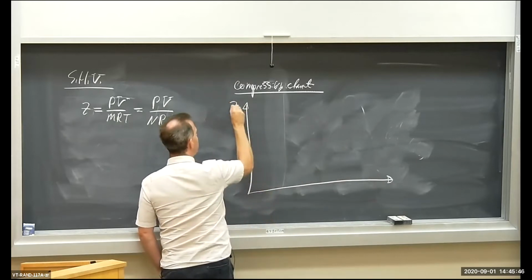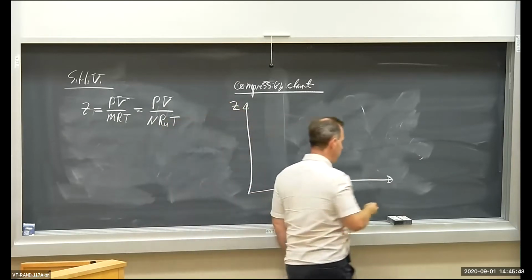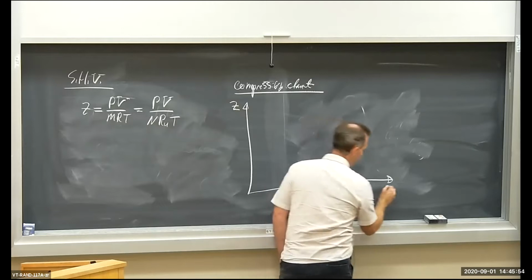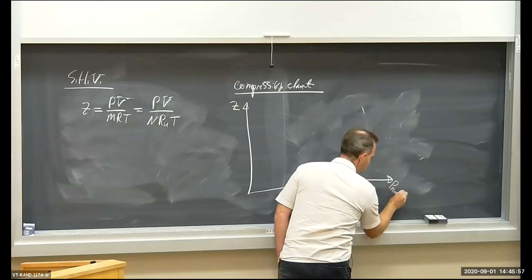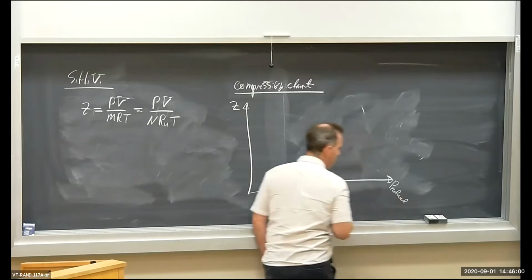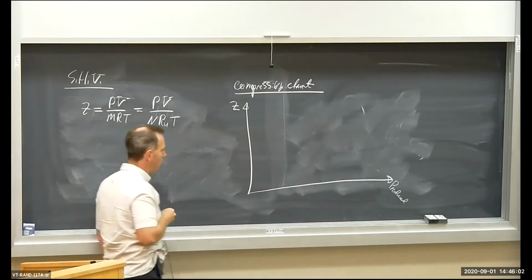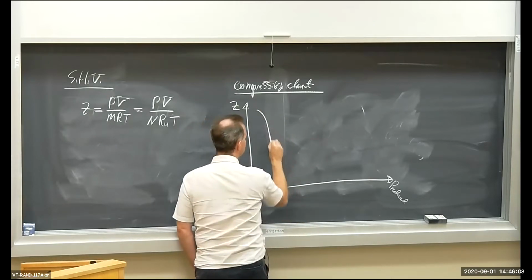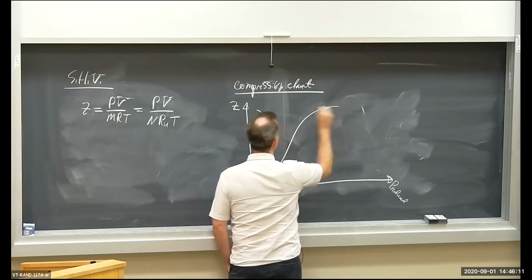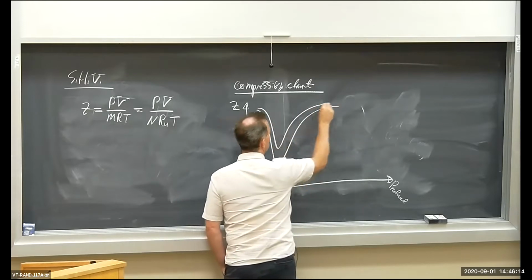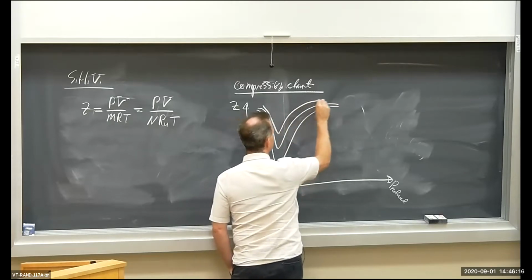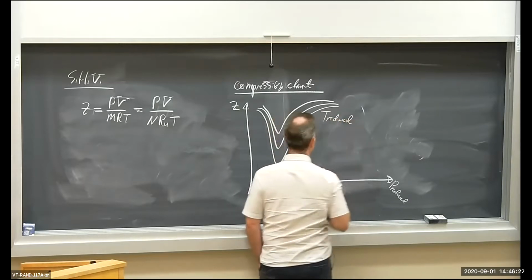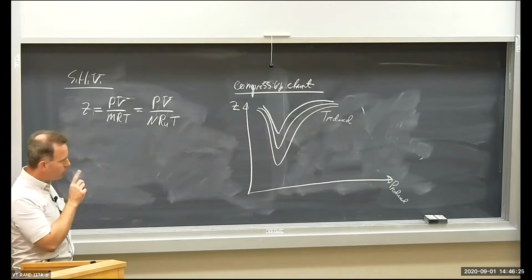It is Z on the y-axis, the compressibility factor, a quantity called the reduced pressure, P reduced or P_red, and then curves of constant reduced temperature, T reduced. Okay?